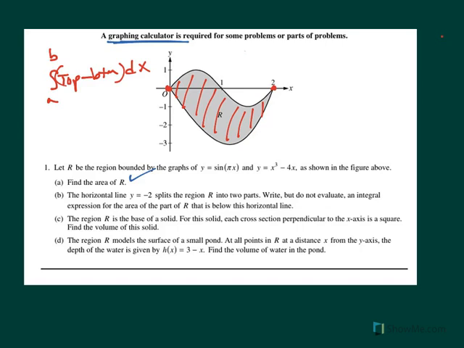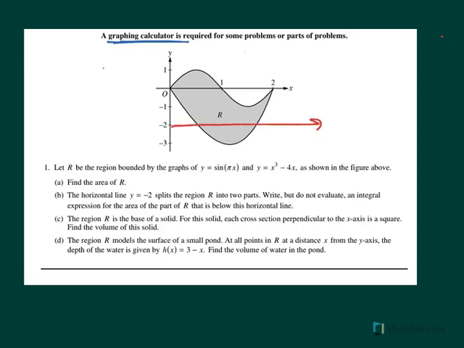And question B. It says the horizontal line at y equals -2. So we have a horizontal line here at y equals -2 that splits the region R into two parts.